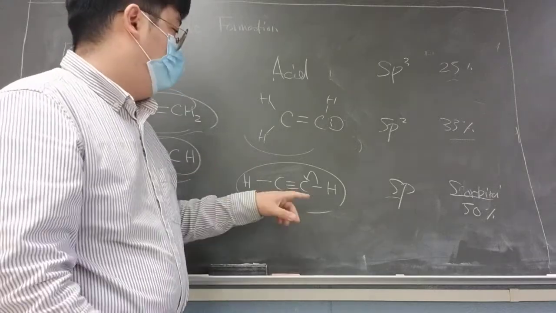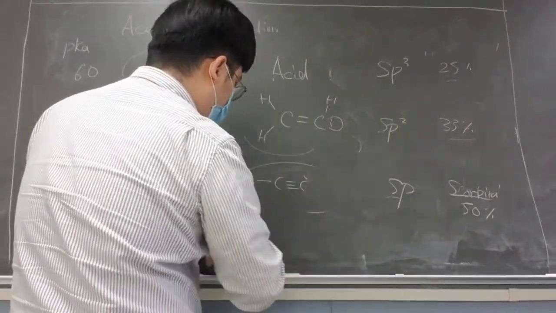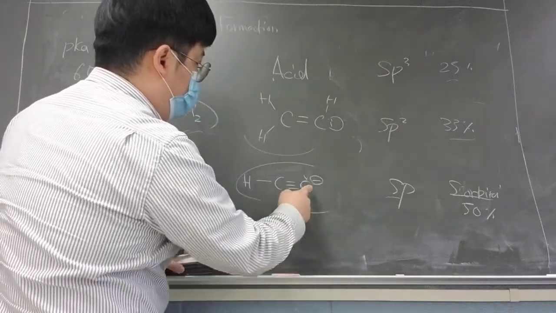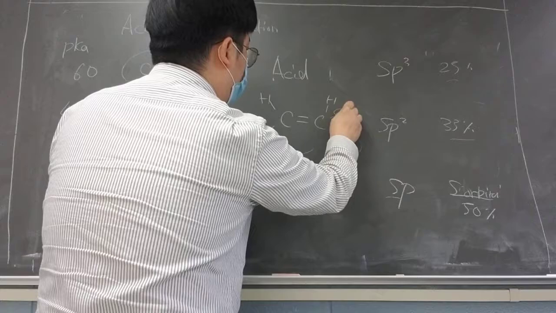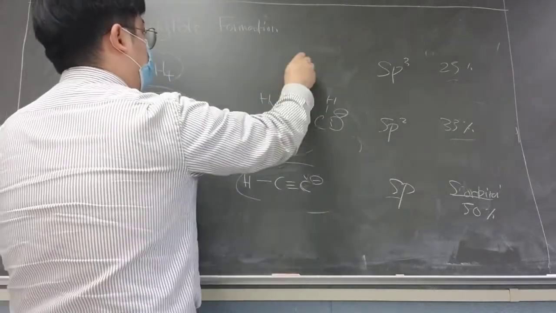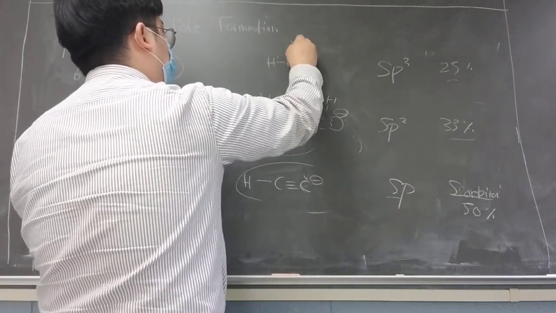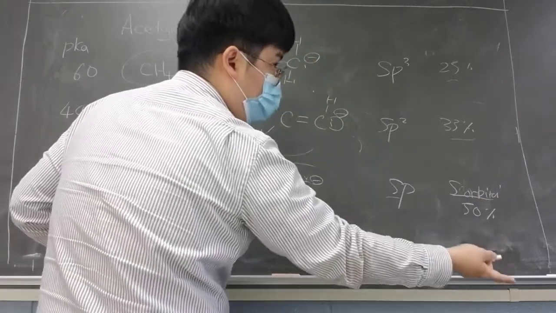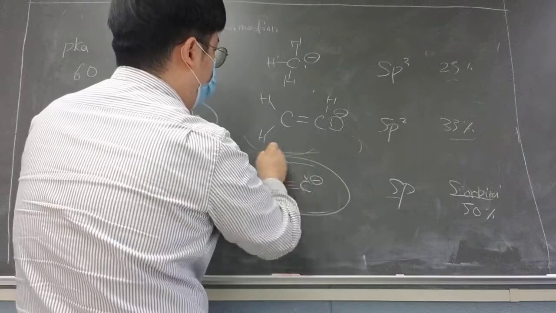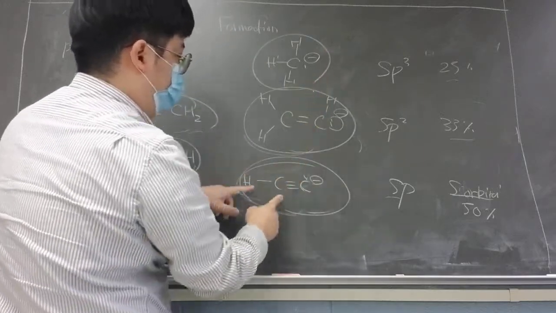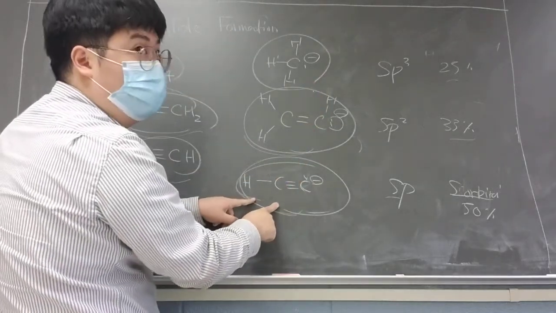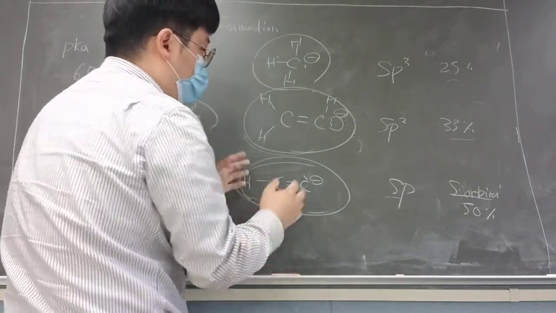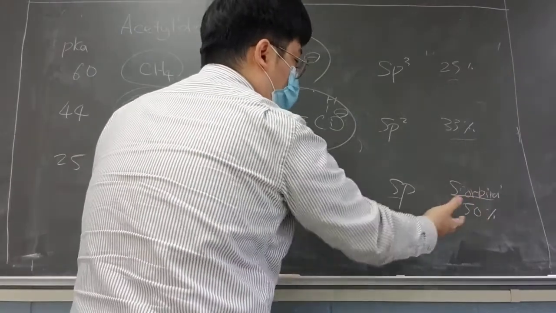So, for example, this one, this one, this one. Whenever it donates the protons, you have an anion form of those three, right? And this is the most stable form, second most stable form, and the least stable form. Because like I said, it's very high in s orbital.